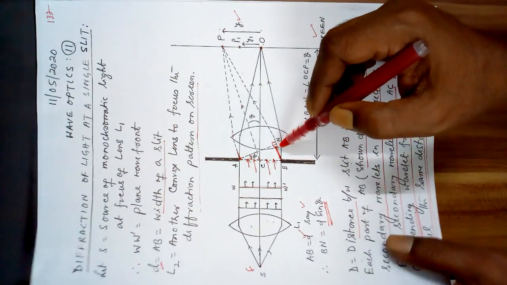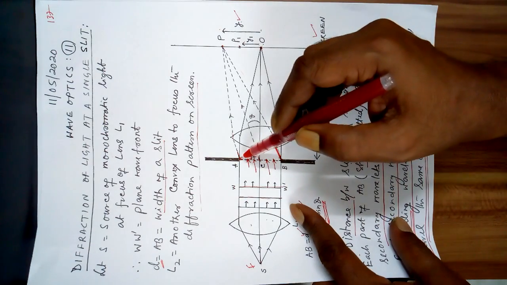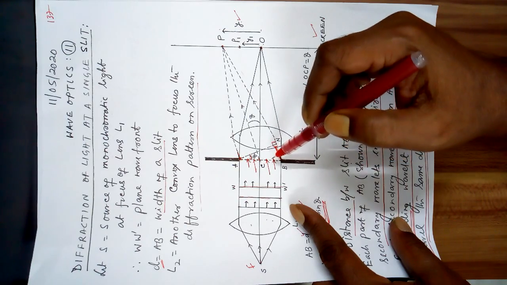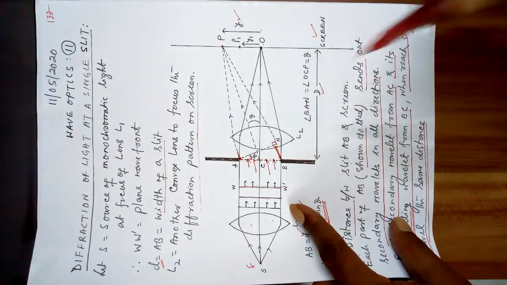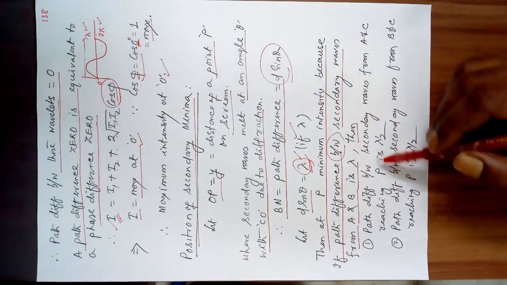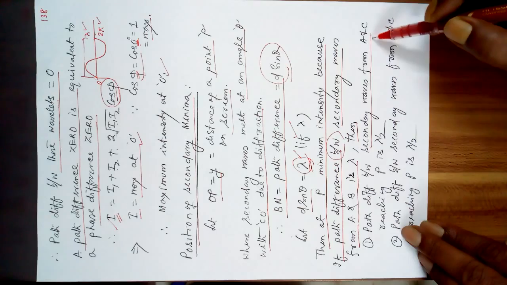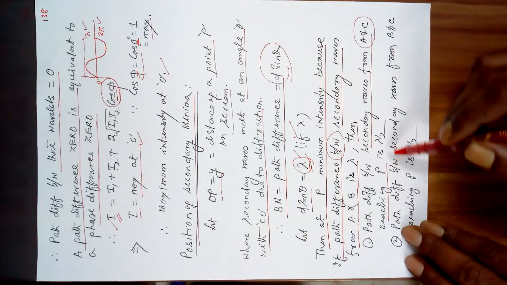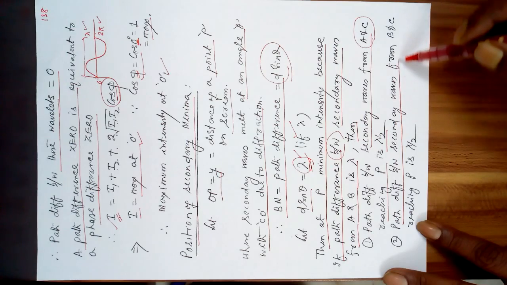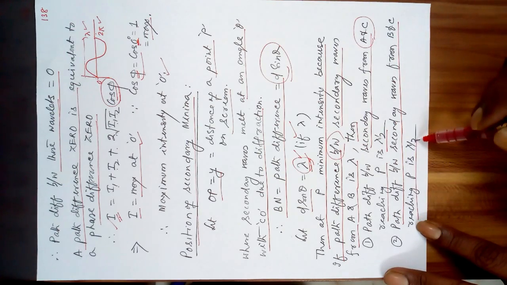If this is lambda, the contribution of AC is lambda by 2, and the contribution for disturbances from BC is also lambda by 2. So the path difference between secondary waves from A and C reaching point P is lambda by 2, and the path difference between secondary waves from B and C reaching P is lambda by 2.